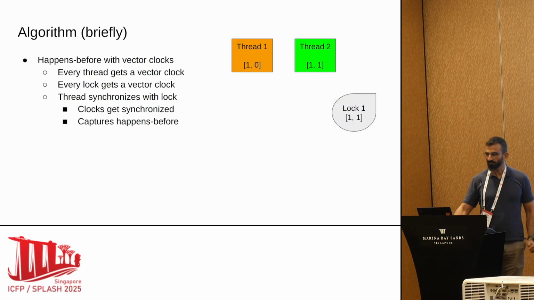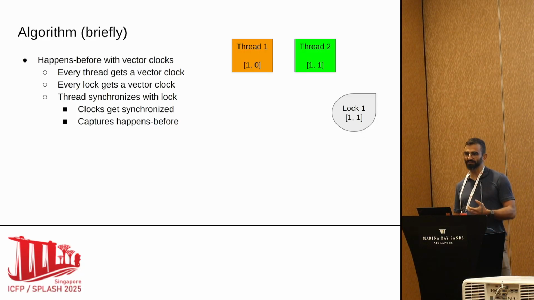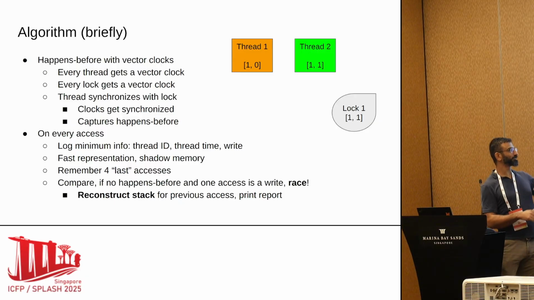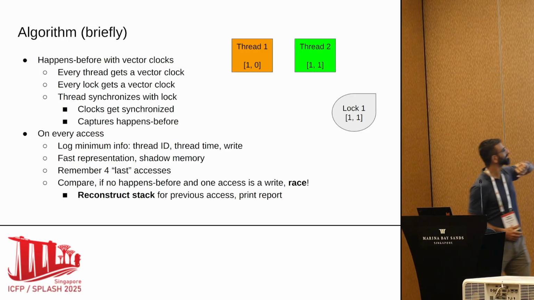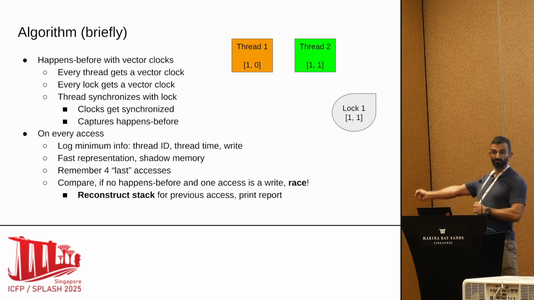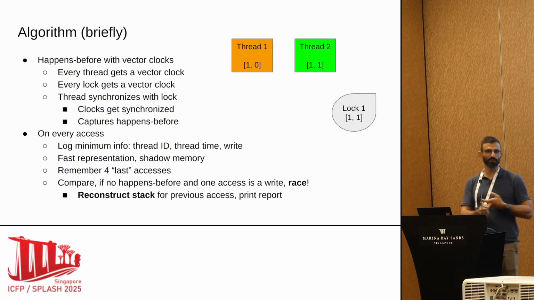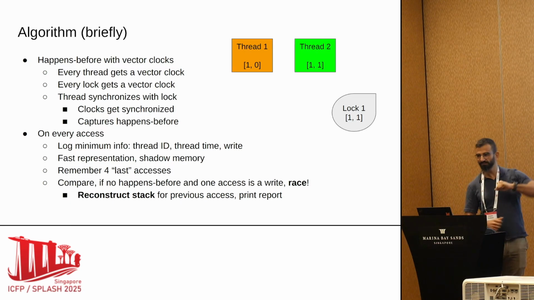Okay. And using this happens-before relationship, we can figure out if two accesses can happen at the same time and then flag a race. So on every access, what you need to do is log somewhere what thread did the access, which memory location, right? Was this a read or was it a write? What time? Stuff like this.